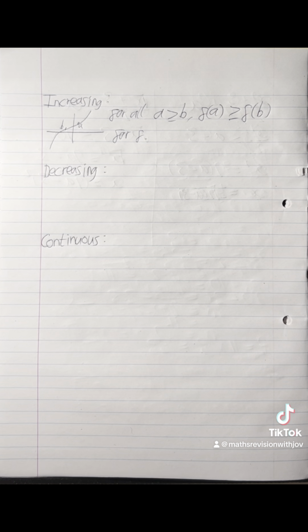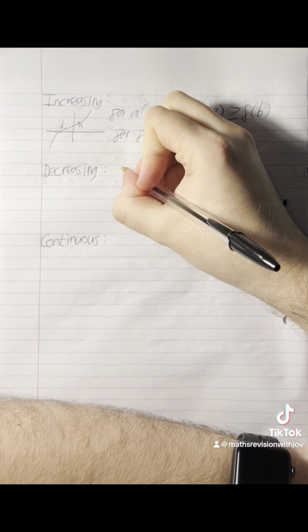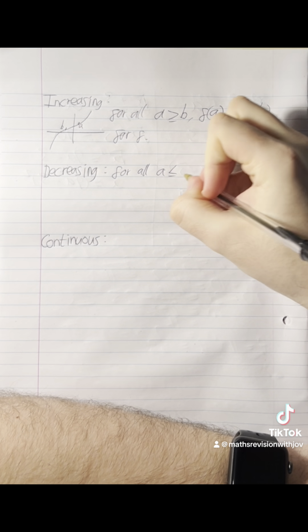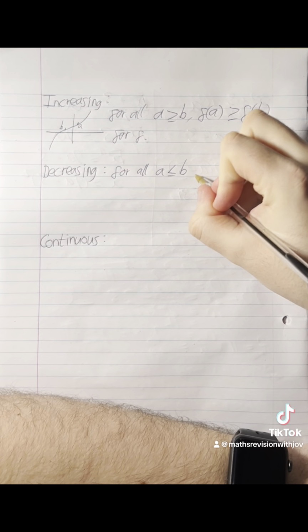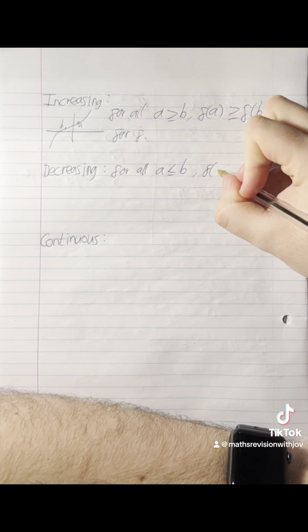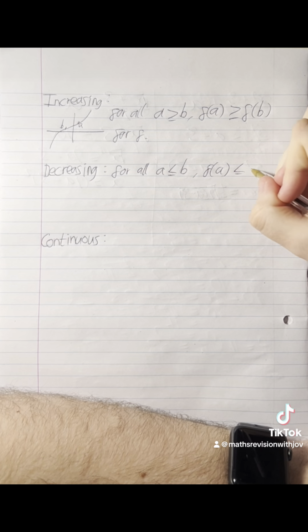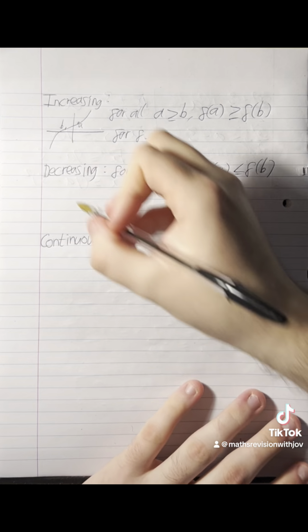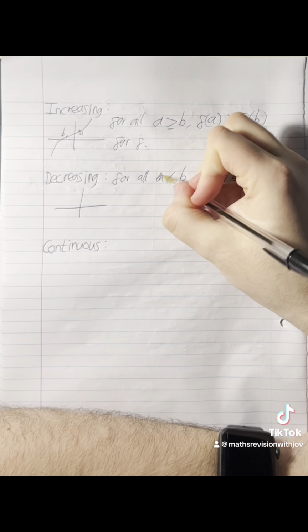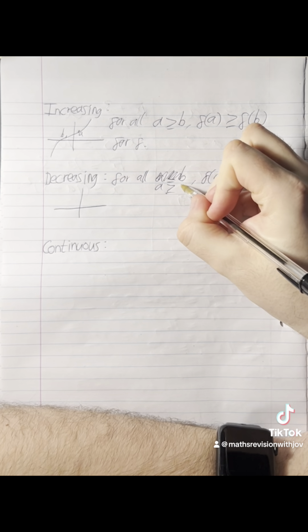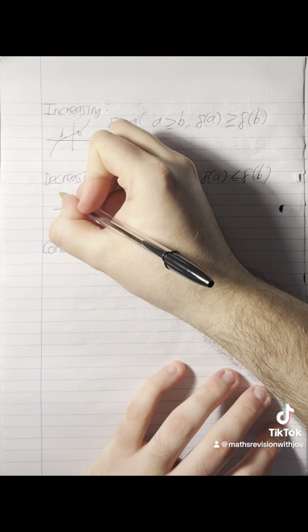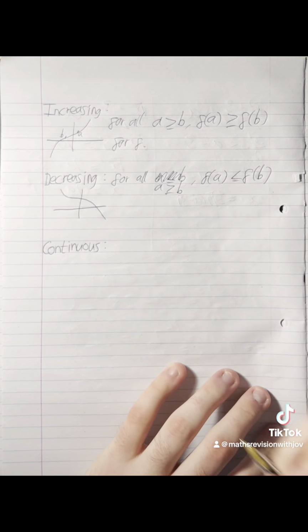You can probably work out what a decreasing function is. You say that for all A less than or equal to B, we have that f of A is less than or equal to f of B. So that's just the same as saying, so this should say, that should say A greater than or equal to B. So for all A greater than or equal to B, f of A is less than or equal to f of B. So that's this sort of looking function.